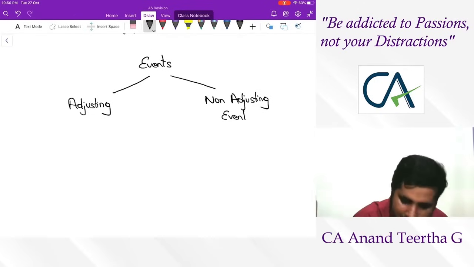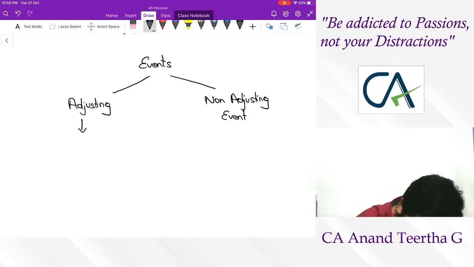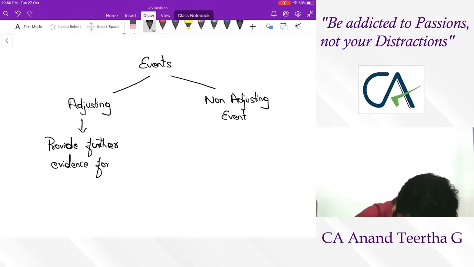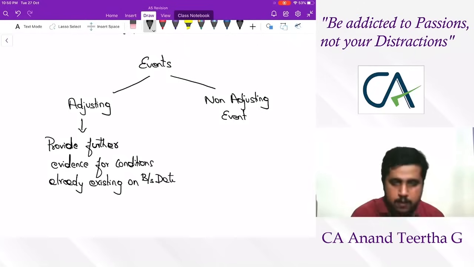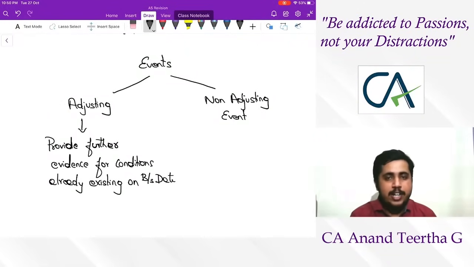First, what do we mean by an adjusting event? What is covered under an adjusting event? It is those events which provide further evidence for conditions already existing on the balance sheet date.